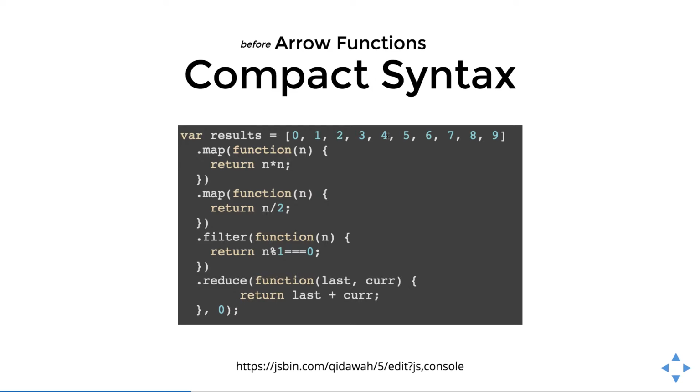Filter is similar, except you pass in a function and you return a Boolean. True means it's going to be kept in that array, and false means it won't make the cut. So it's how you limit the results of an array. And then reduce is the trickier one. The syntax is funky but super powerful. I would definitely recommend getting super familiar with that because you can do amazing things with it.